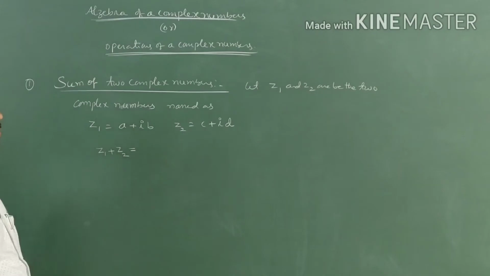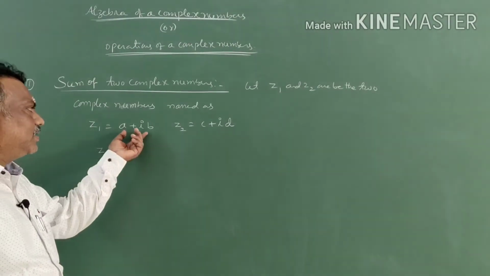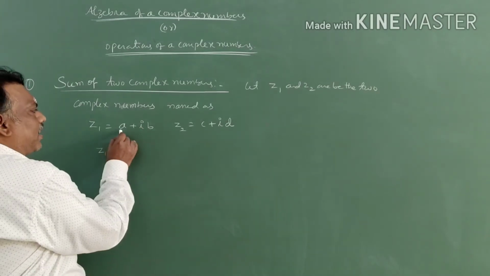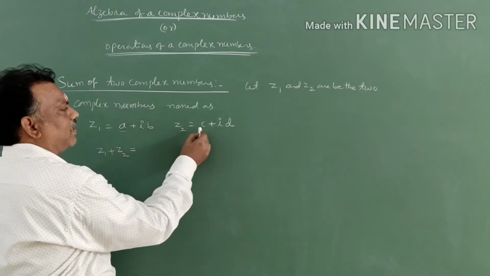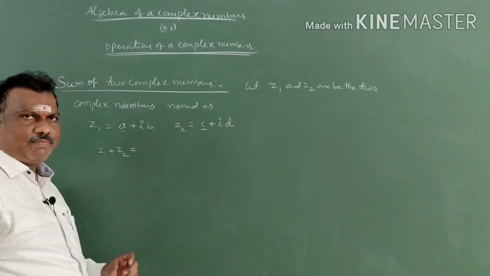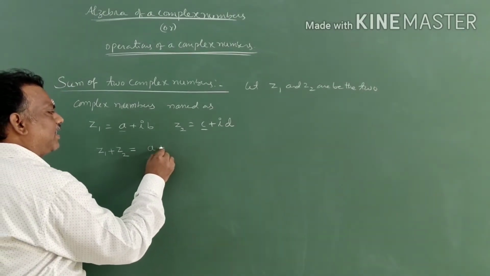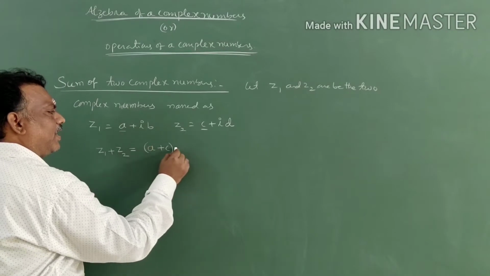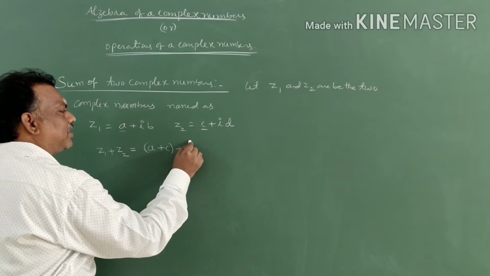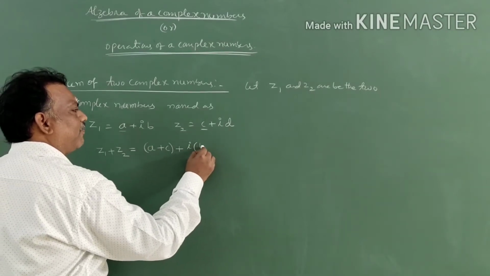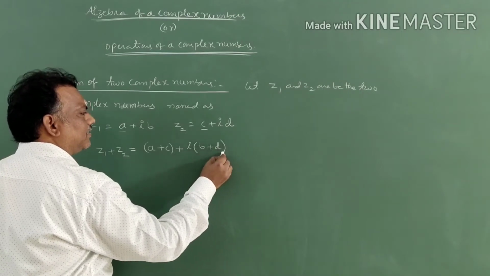How to add the two complex numbers? Very simple. In this complex number, this is the real part. In this complex number, this is the real part. Sum of the two real parts, that means a plus c, plus i times the sum of the two imaginary parts.